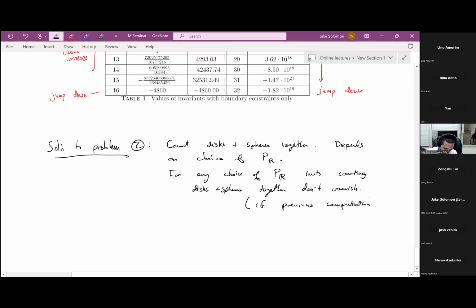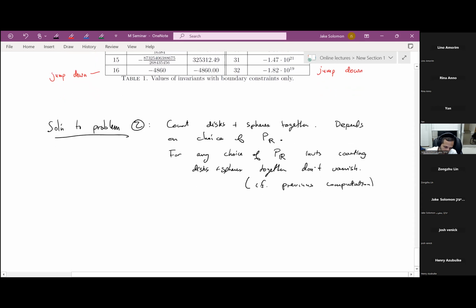Actually it turns out not all the invariants depend on the right inverse, only the ones, by invariants counting disks and spheres together I mean, where OGW 0 and beta belongs to the image of the map from H2 of X, Z to H2 of X relative to L. Because if you have a boundary constraint, then the boundary cannot collapse.